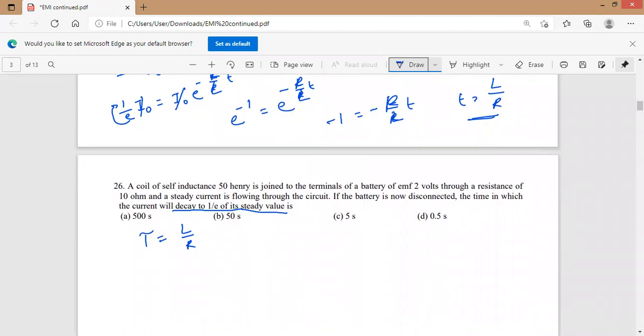Therefore, tau is equal to L by R, and L is given 50 Henry and R is equal to 10 ohm. So it's 50 divided by 10, that is 5 seconds. Option C is the correct answer.